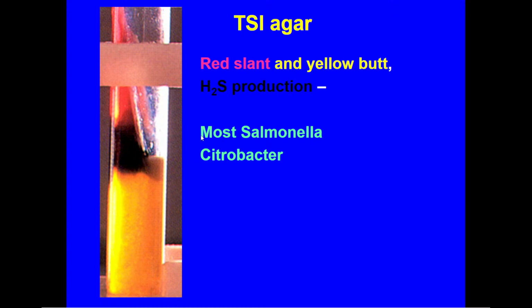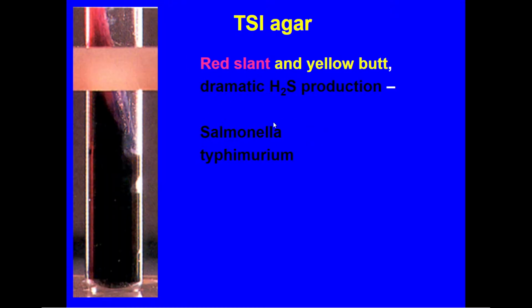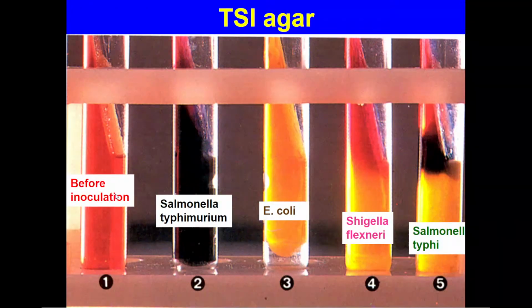So this is most typical for Salmonella. And some Salmonella, like Salmonella typhimurium, may produce so much hydrogen sulfide that the whole slant will appear very dramatically black because of overproduction of hydrogen sulfide.